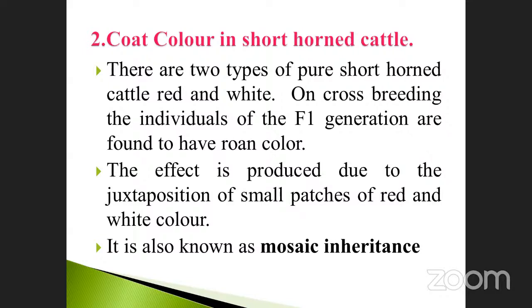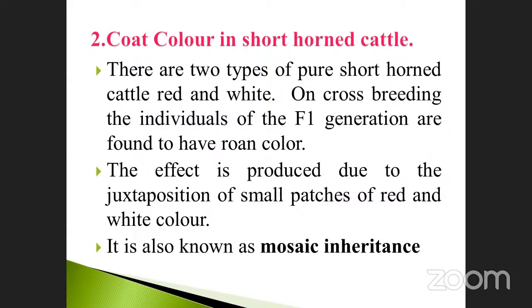Already discussed. The effect is produced due to the, what is that? Juxtaposition. This is also given a different technical term, the scientific name for small patches of red and white color. Sometimes you can see a white color cow with red color patches. Sometimes the red color cow has white color patches.